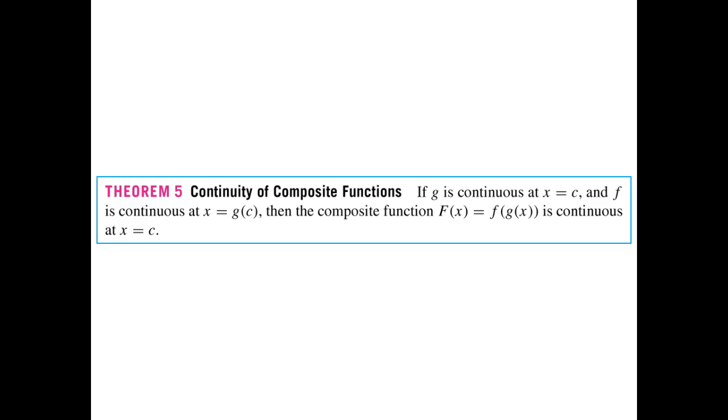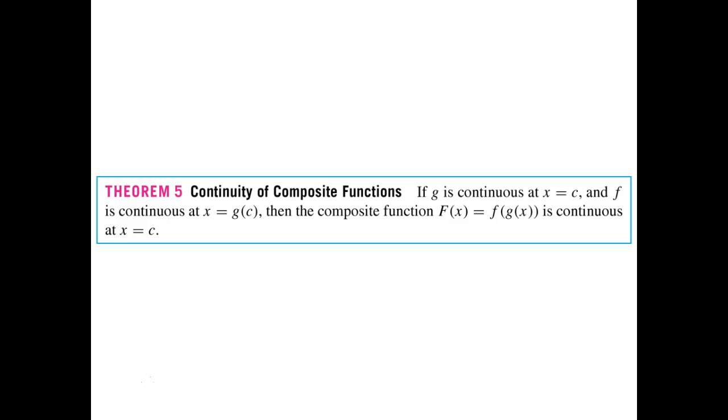The second thing it means is that the limit of g of x as x approaches c exists and is g of c. Okay. Now f is continuous at some value x, which is g of c. Okay?